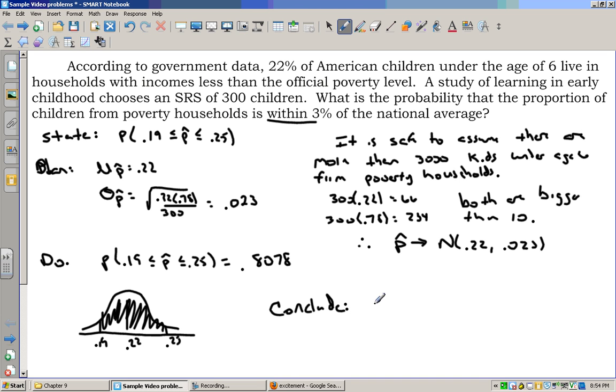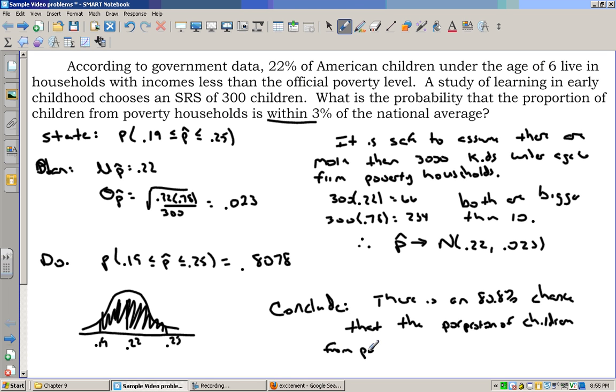We would conclude that the probability that there is an 80.8% chance that the proportion of children from poverty households, I'm saying that wrong, let me back up a second.